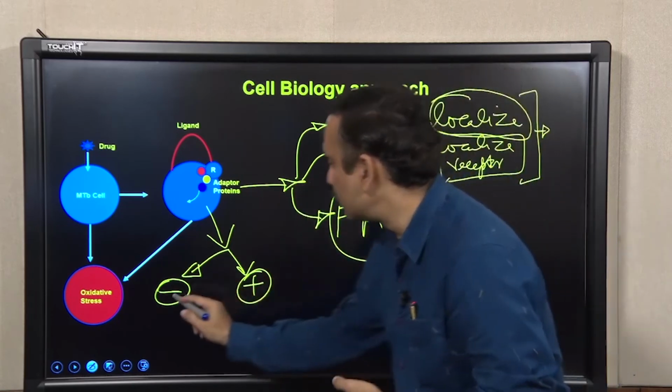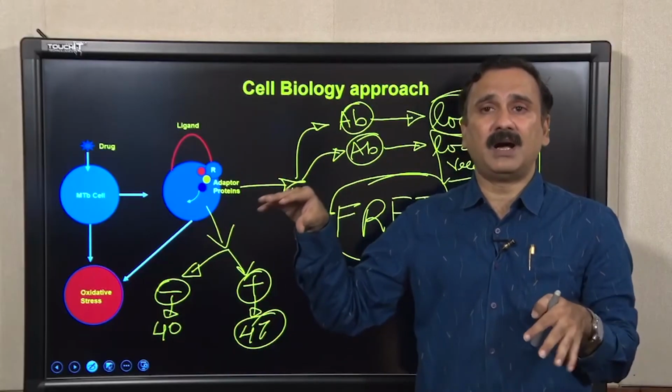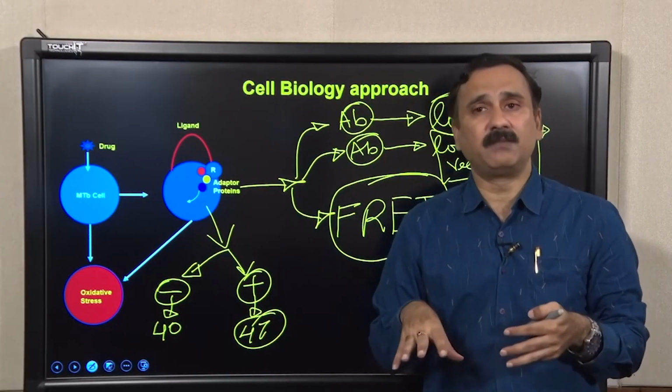For example, in the control cells, suppose you isolated the membrane and got 40 spots, and in the drug treated one suppose you got 47 spots. You can simply do an image analysis and see which separate 7 spots are coming up, and whether those 7 spots could be potential adapter proteins.